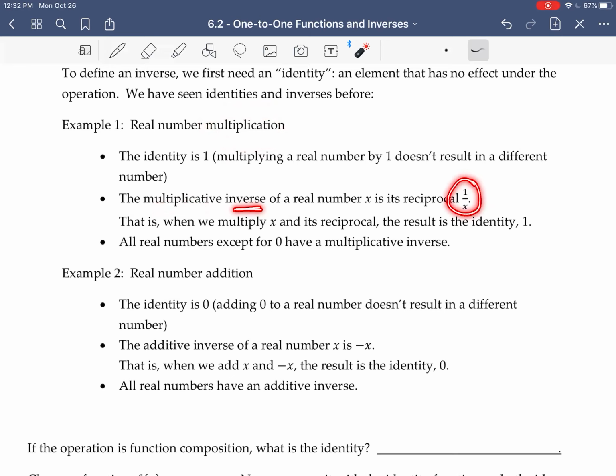The inverse is going to be the reciprocal, so 1 over x. That's because when you take x and multiply by its reciprocal, you get the identity. So x times 1 over x is x over x, which is just 1. Okay, so that's our identity, and for x, this is the inverse.